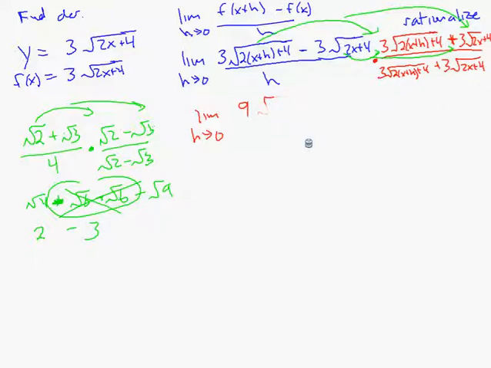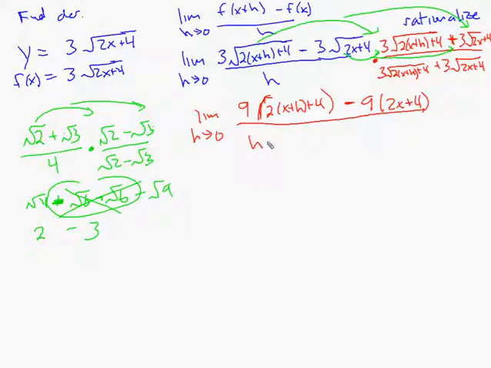Okay, so that's what we get after we do all that multiplying. We can go ahead and distribute and everything. So this is going to be 2x plus 2h in there. So I'll distribute the 9. So I get 18x plus 18h plus 36.